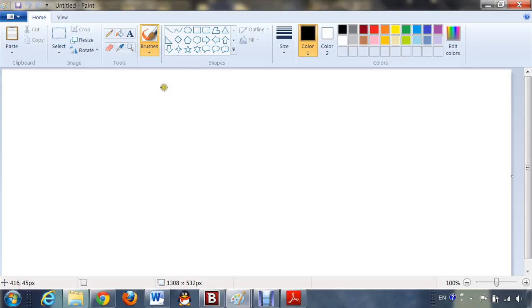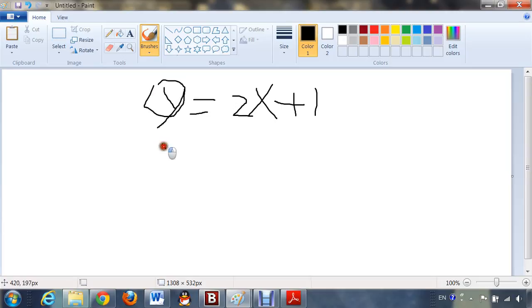Because remember, before we were solving for y prime, and the function is like this, right? When you try to find y prime, you are still taking the derivative of both sides. See that? Because the derivative of y is y prime.